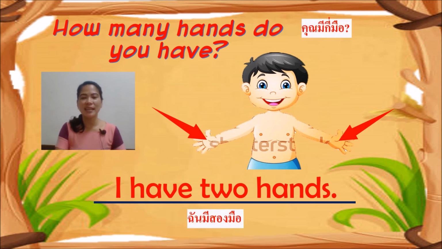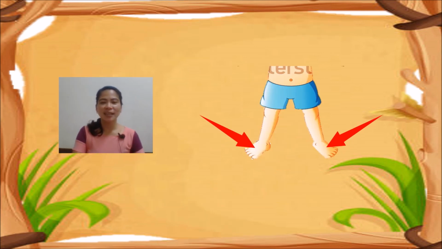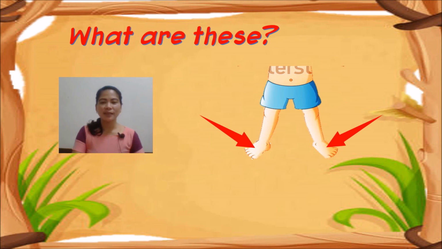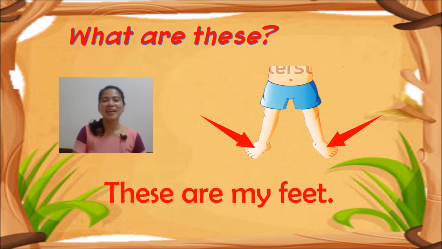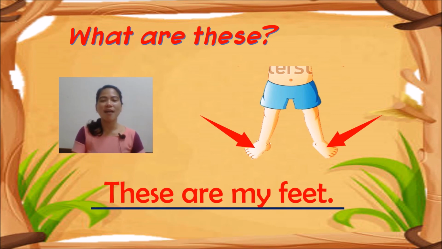And the translation. Another part, let me ask the question again. What are these? As indicated by the arrows, let's say it together. These are my feet. One more time. These are my feet. And the translation.